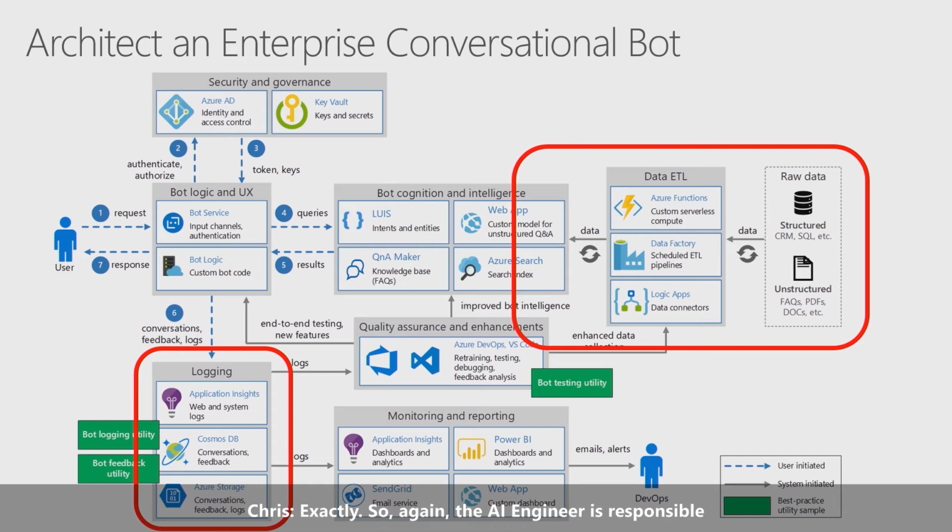So again, the AI engineer is responsible for adding the intelligence to the bot through LUIS or QnA Maker and so forth. You'll notice that the red box does touch on the intelligence a little bit. Let me explain why. Azure Search. There is a possibility you may get asked to provision Azure Search.